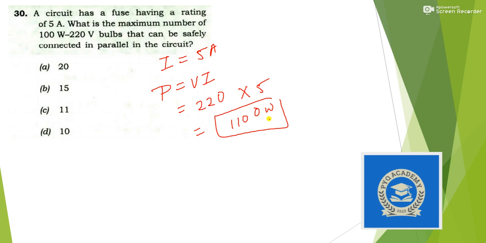If it is more than 1100 watt, it cannot withstand. If one bulb is 100 watt, then 11 bulbs will be 1100 watt. So up to 11 bulbs it can withstand, and our answer is option C.